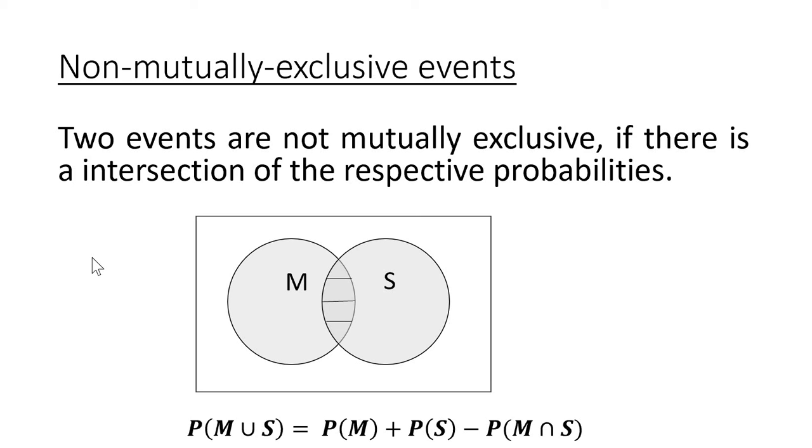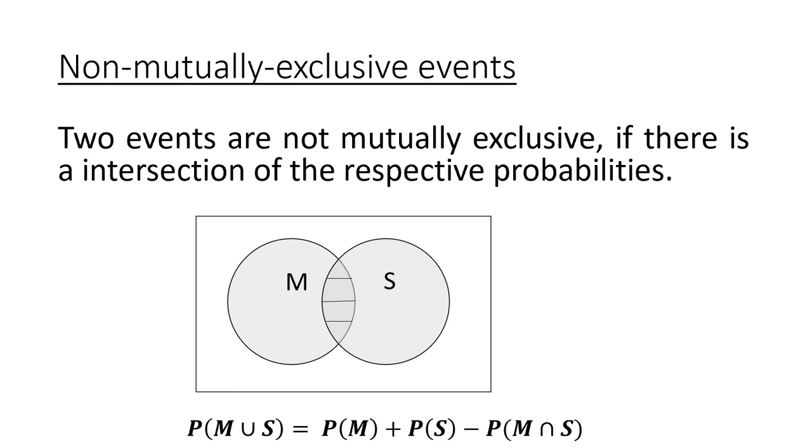So in this case, if you want to calculate the probability that a randomly picked student is taking math or statistics classes, you have to add probability of student taking math classes to the probability of student taking statistics classes, and you have to exclude this intersection.